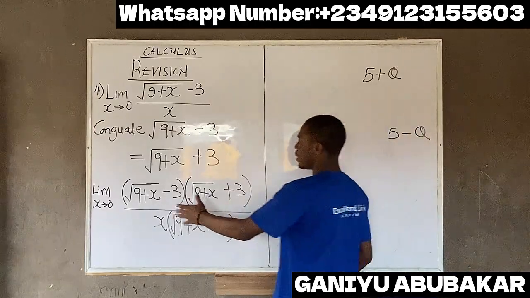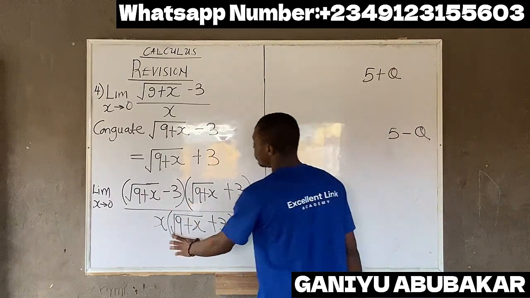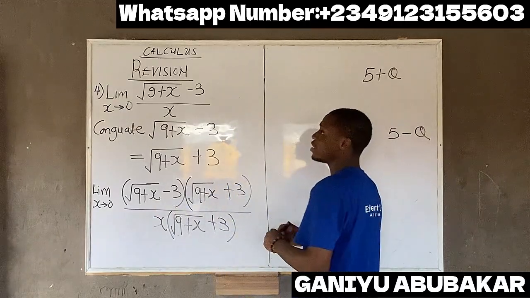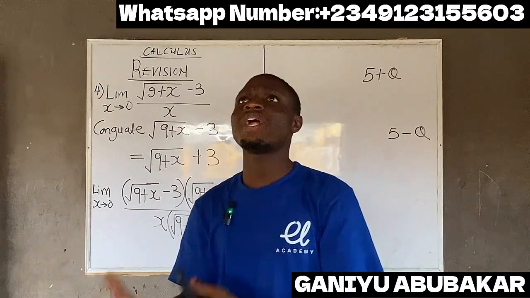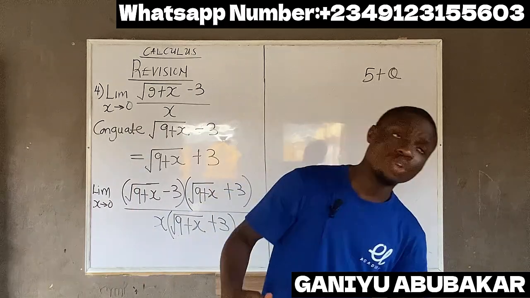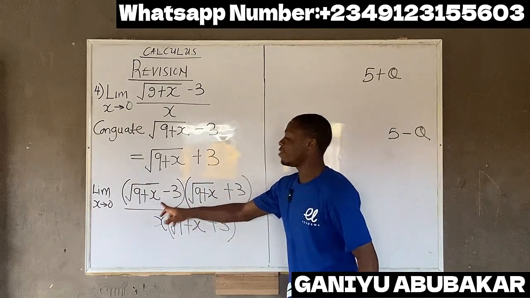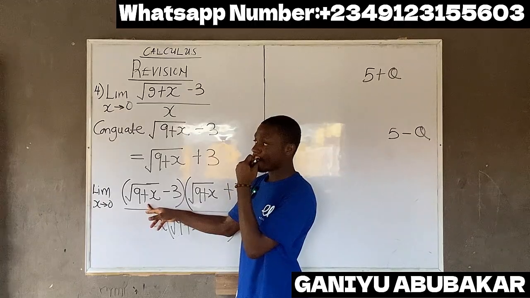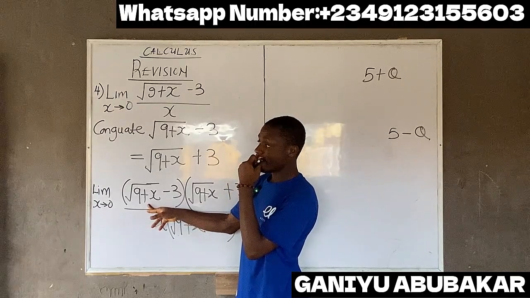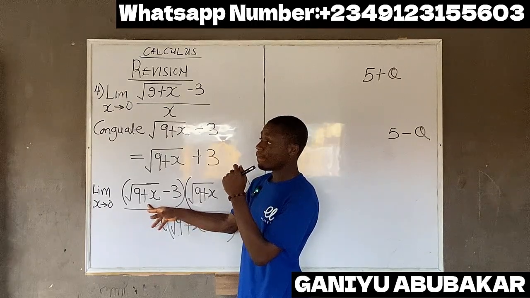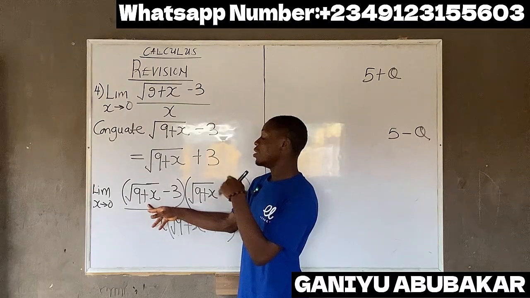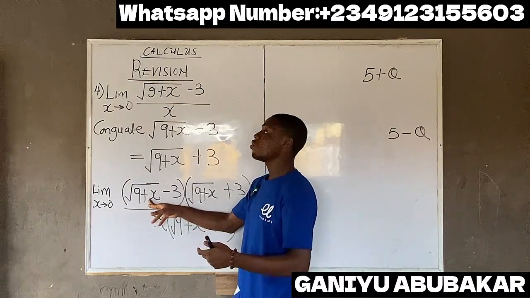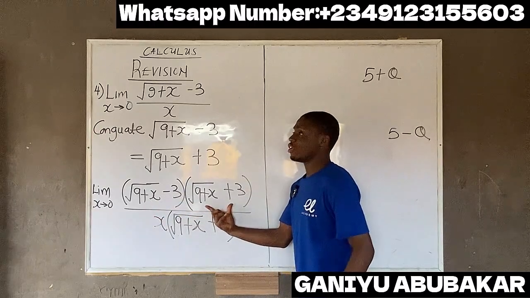Now I'm going to expand this numerator, leaving the denominator pending. So how do you expand two brackets? From the idea of the binomial theorem, you have to pick out the first term in the first bracket and multiply by everything in the other bracket.